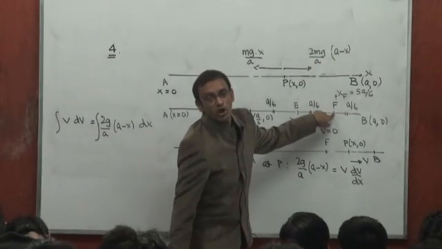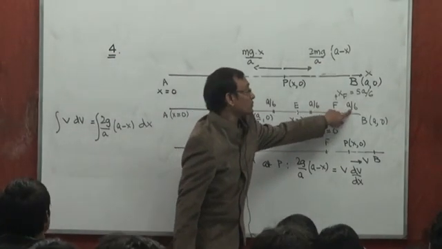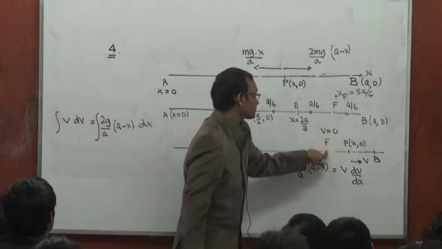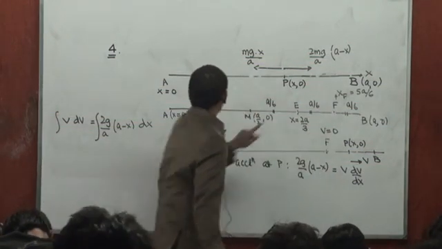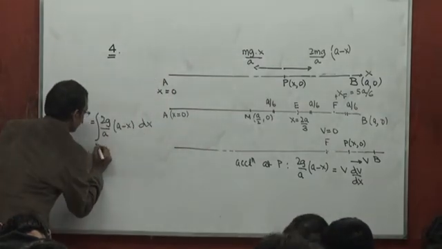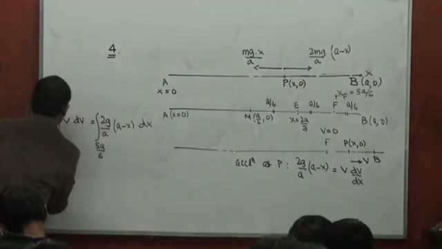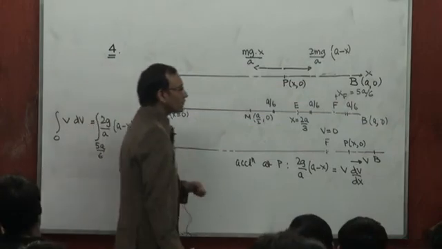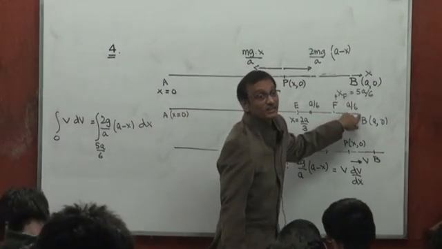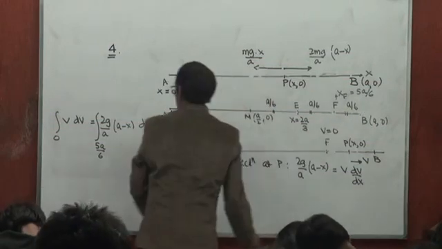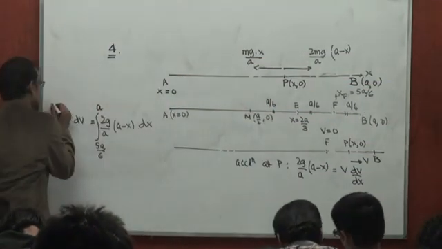When at f its velocity was 0, that means at x equal to 5a by 6, right? F is 5a by 6. At x equal to 5a by 6, velocity was 0. We need to find the velocity when x is a. So when x is a, let's say the velocity becomes v.